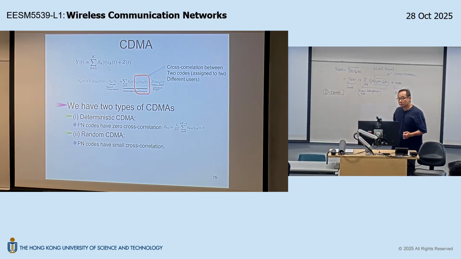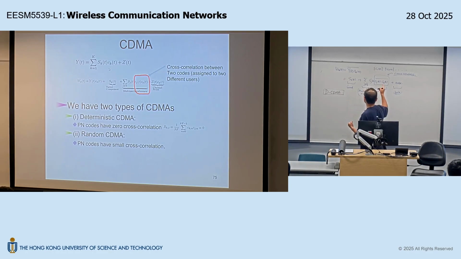So with deterministic CDMA, the goal is, since this is a bad term, we can control this bad term by designing an appropriate sequence. So what if we design a sequence such that they are orthogonal?